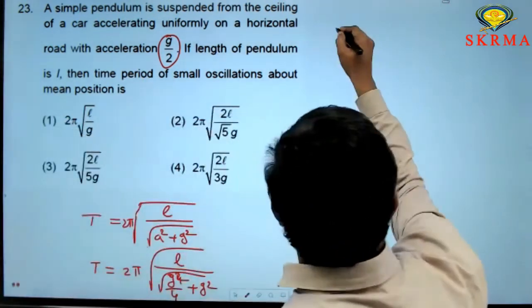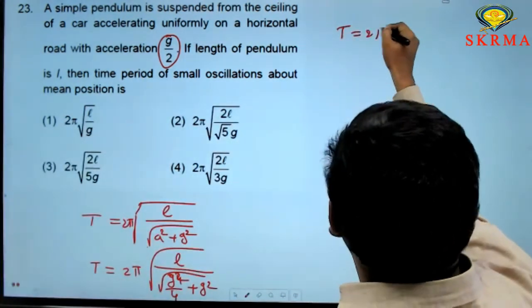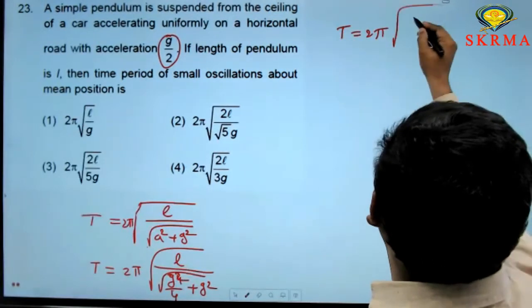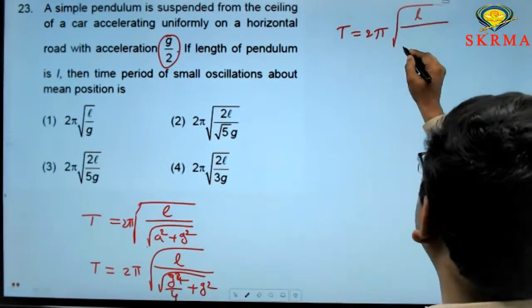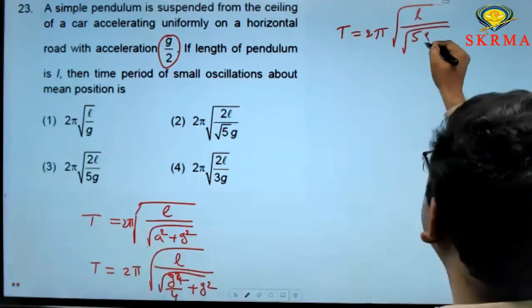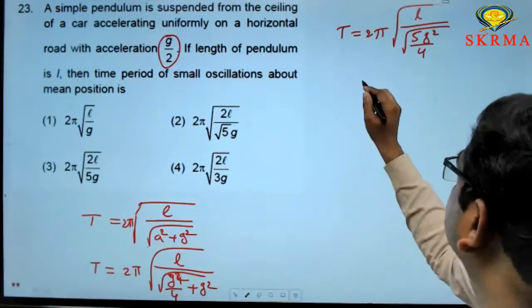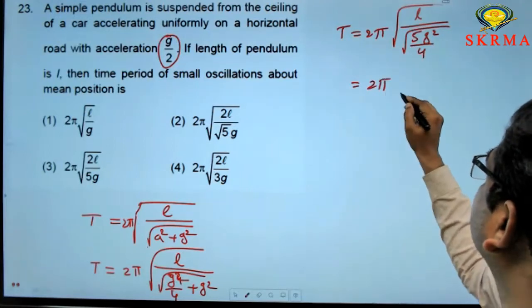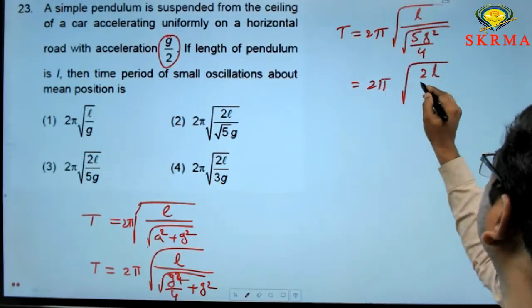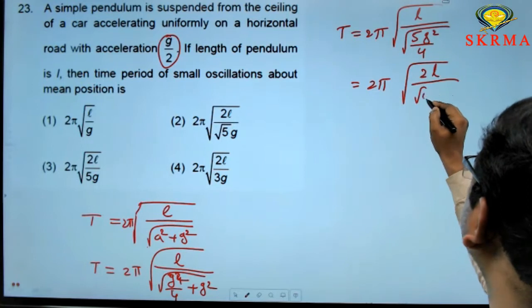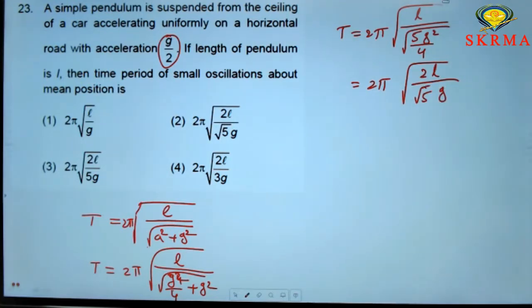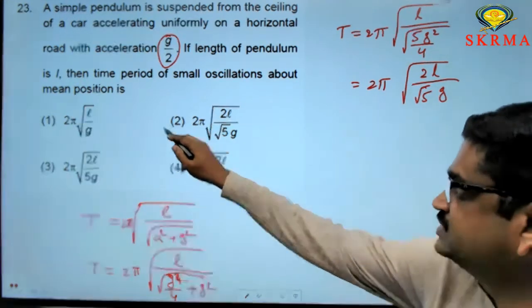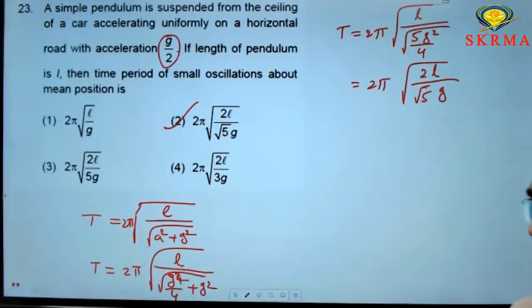Now T equal to 2 pi square root L by root 5g square by 4. That equal to 2 pi square root 2L by root 5 into g. Now, which option is the correct one? Second one is the correct one.